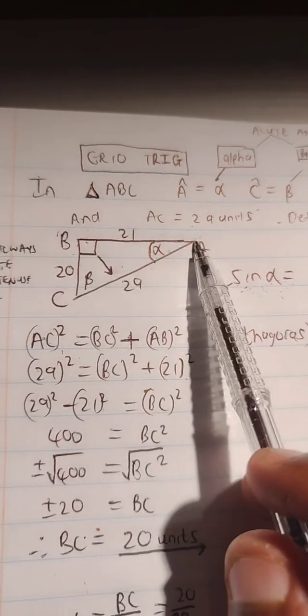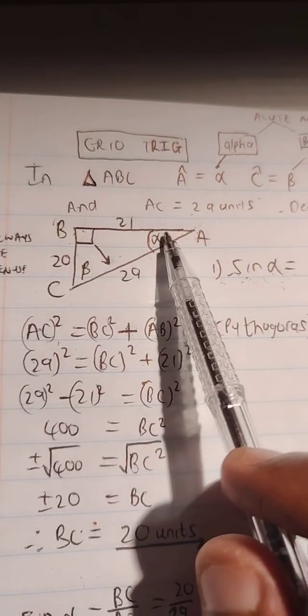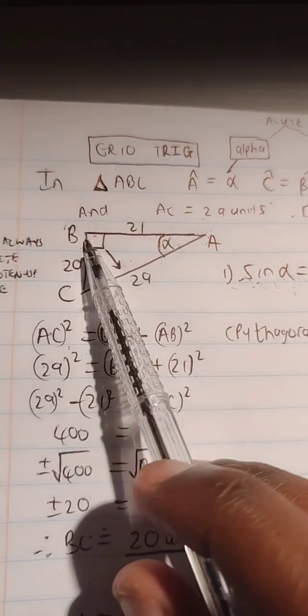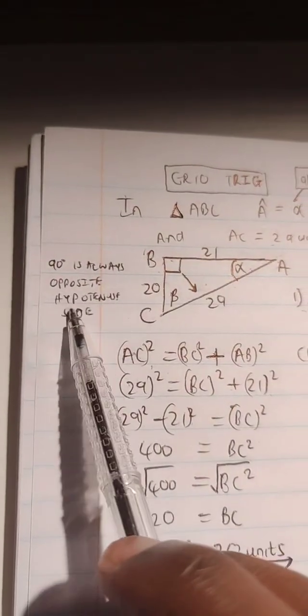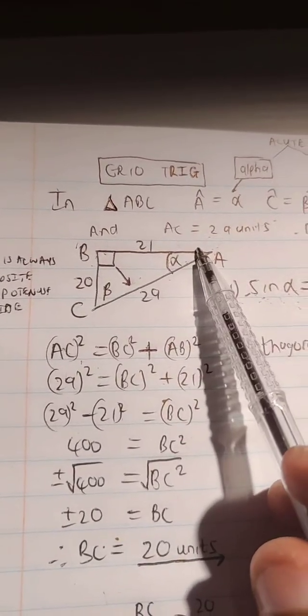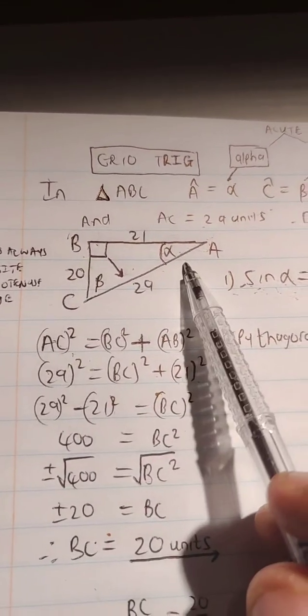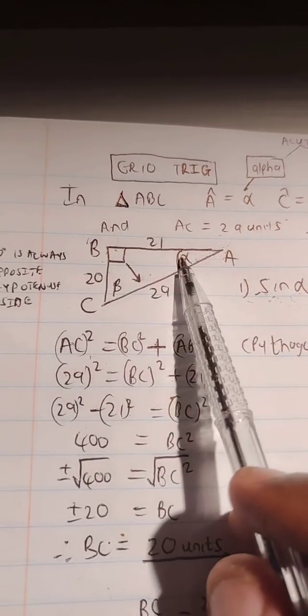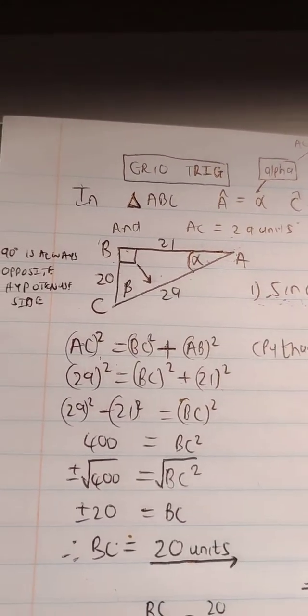So we immediately reject the idea that the side next to the angle has to be AC, because AC is directly opposite the 90 degrees, and we know that 90 degrees is always opposite the hypotenuse side. So AC is the hypotenuse. There's no way that AC can be the adjacent side. The only side that can be the adjacent side to the given angle has to be AB.